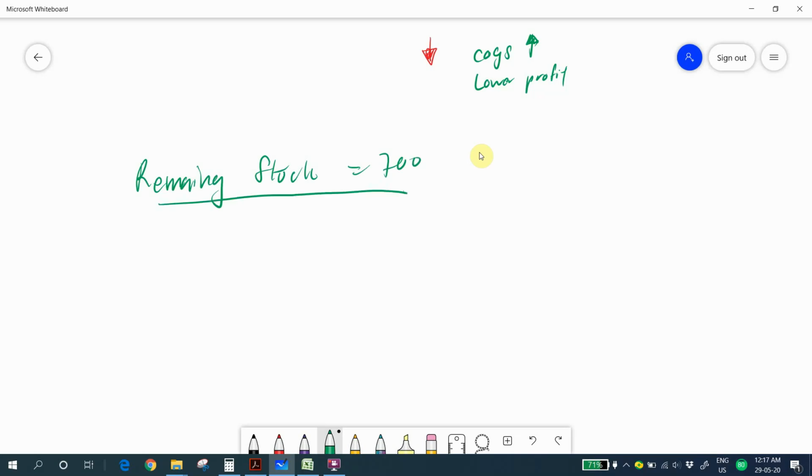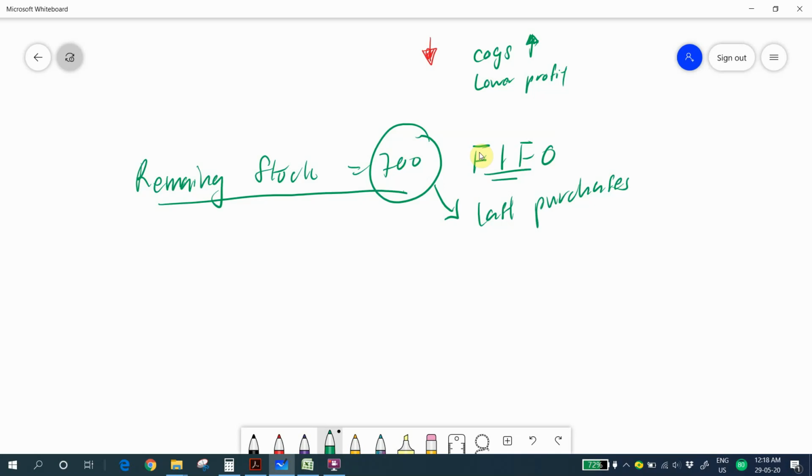Because of first in first out, the 700 units will refer to the last purchase. I repeat, due to first in first out, we first issue the item that we purchased earlier. So under the first in first out concept, the remaining stock of 700 units will refer to the last purchase. So we can check our answer by using this concept.